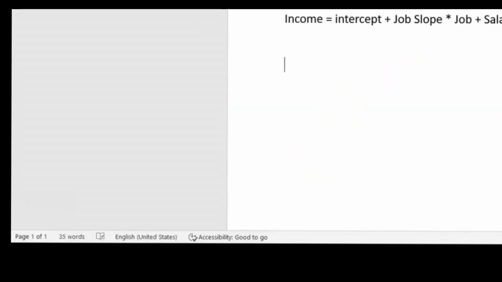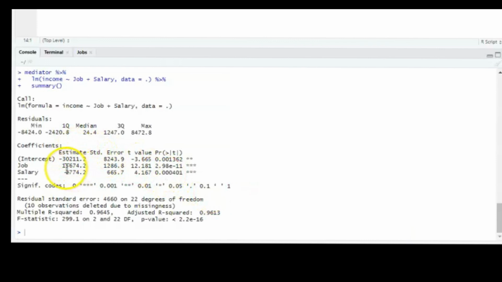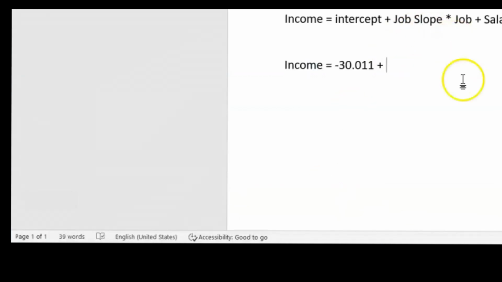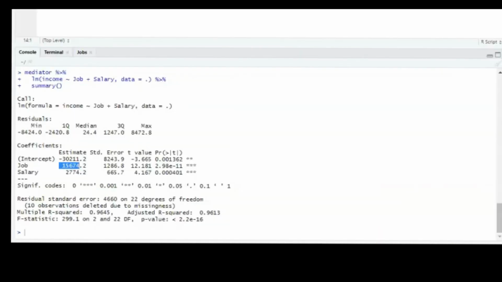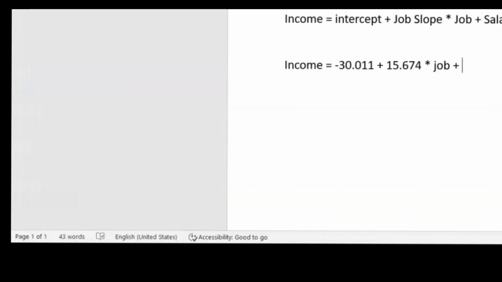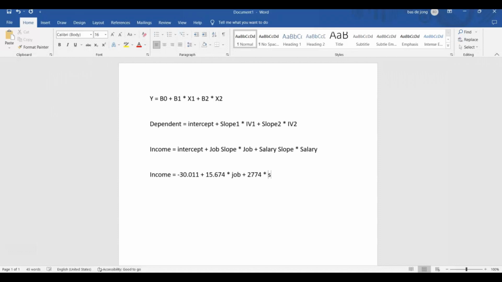And if we go back to our formula, minus 30,211 is what we can fill in for the intercept. Plus the slope of job, which was 15,674, times the type of job you have, plus the slope of salary, which was 2,774, times your salary.